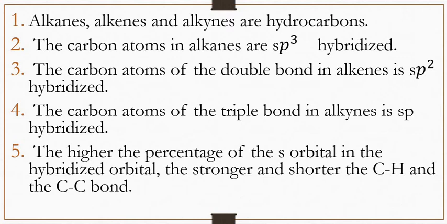Now we know that the electron configuration of carbon atom is 1s2, 2s2 and 2p2. The orbital that is closest to the nucleus is the s orbital, and so any electron in the s orbital will experience a stronger, higher attraction force from the nucleus.